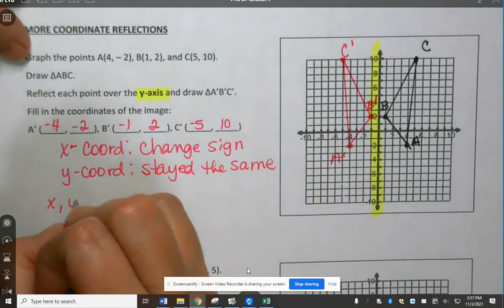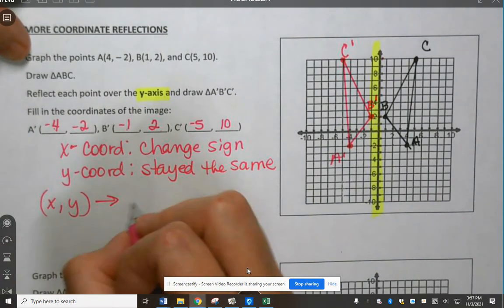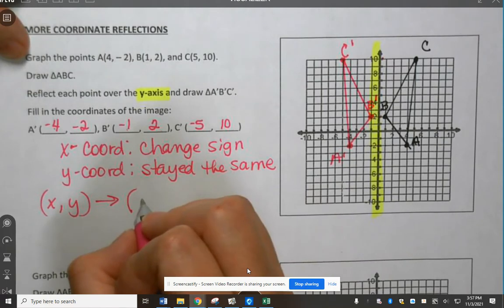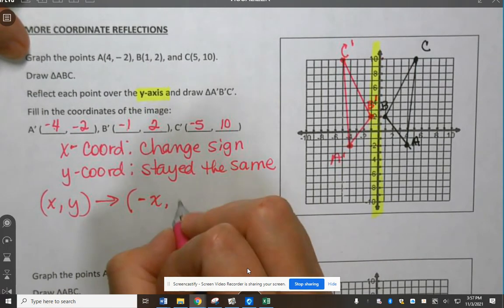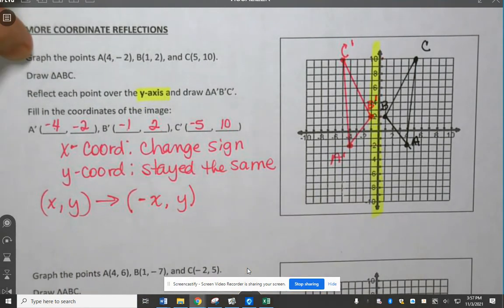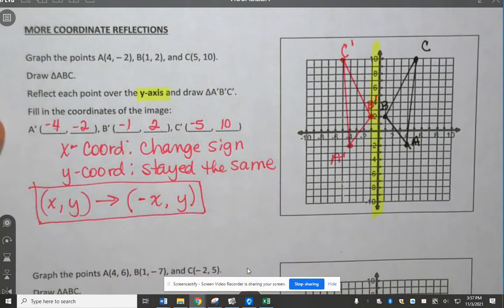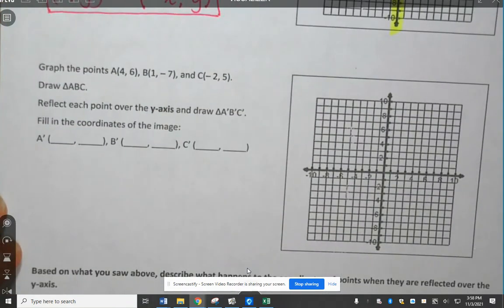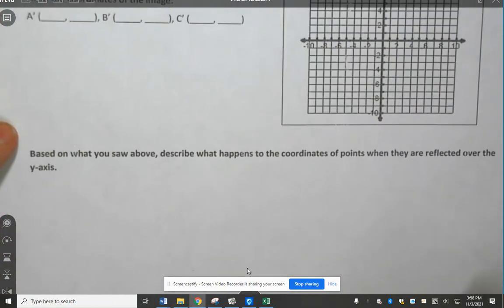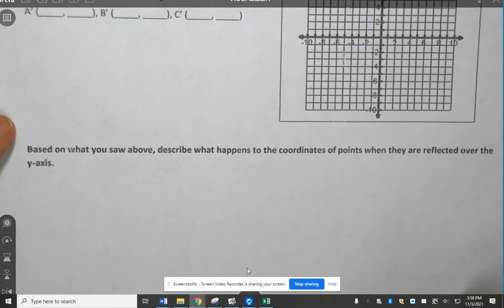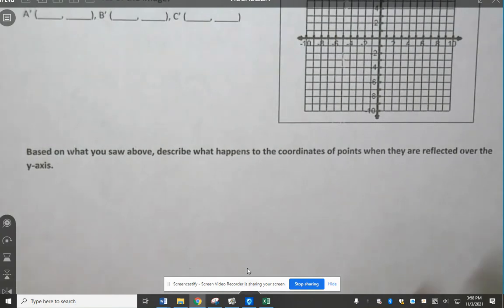So my x, y goes to the x changed sign, so it's opposite, and the y stayed the same. So again, you've got another one to do, and you've got some conclusions or conjectures you need to make at the end based on those.